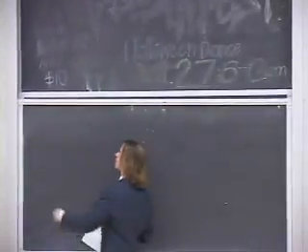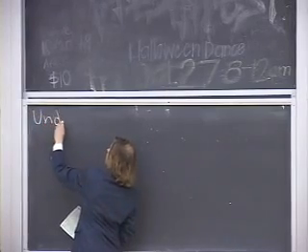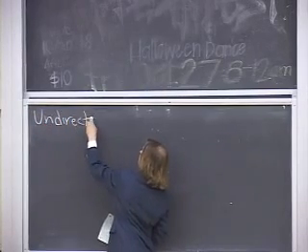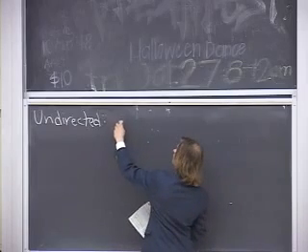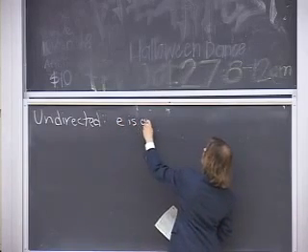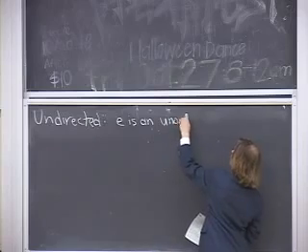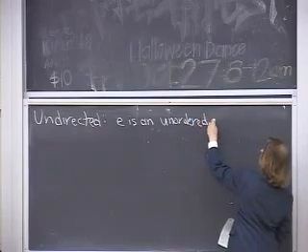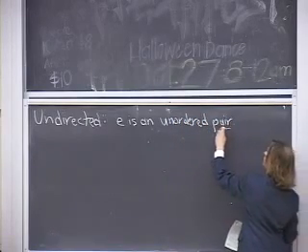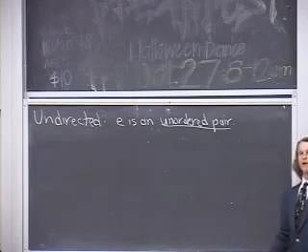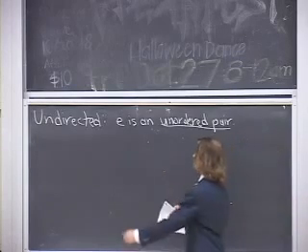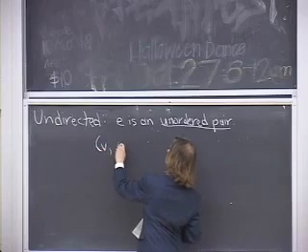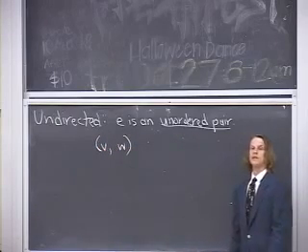So an undirected graph is a lot like a directed graph, except that E is an unordered pair. What do I mean by that? Well, if I say that an edge is an unordered pair, well, we still write it VW, but now the order does not matter.